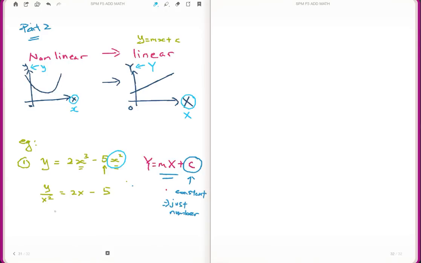To rewrite this equation, this is my capital Y now, equals mx plus c. To compare with this equation, my capital Y would be my small y over x squared, while my X is actually small x, and therefore gradient m is 2, with your intercept equal to -5.